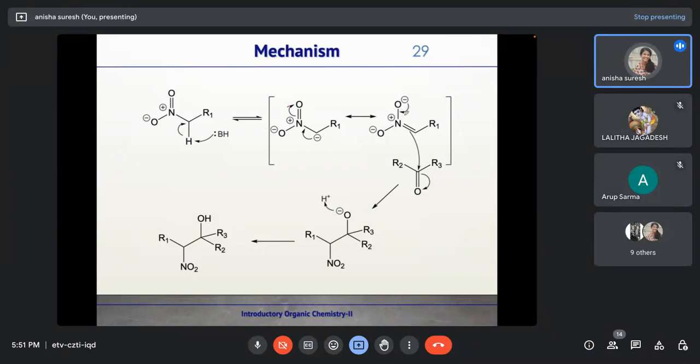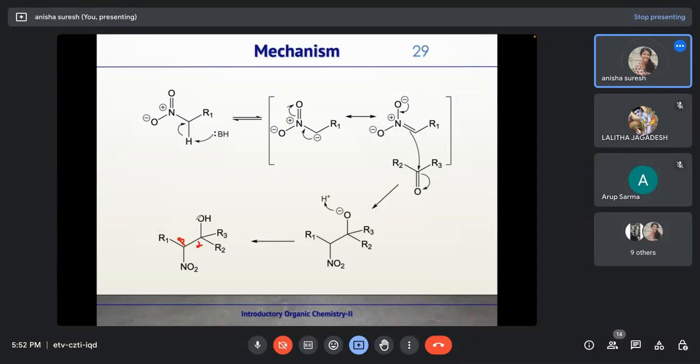Once it falls back, this carbon-nitrogen bond will attack this carbonyl carbon, giving rise to this tetrahedral intermediate. It can undergo protonation to give rise to this beta nitro alcohol. So this is the alpha position, this is the beta position. So this is beta nitro alcohol.